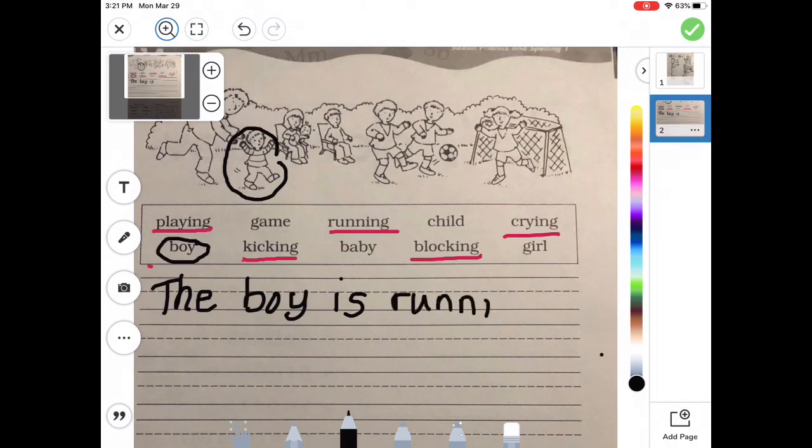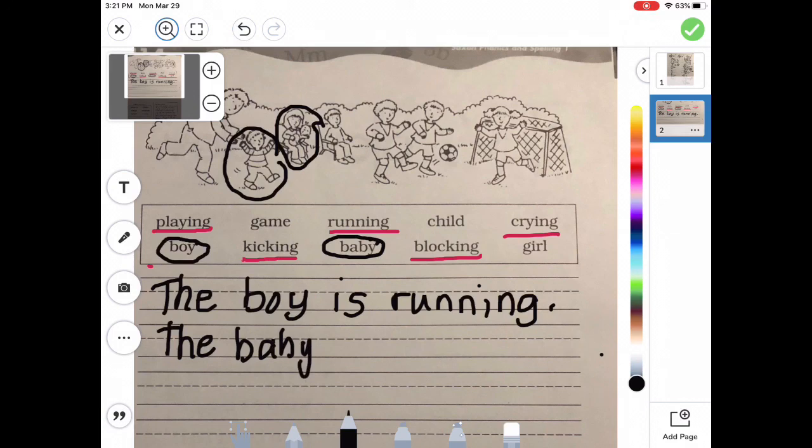So I could put the boy is running. Let's try another one. How about baby? What's the baby doing right here? The baby is, what do you think? Crying. Very good. I can write crying.